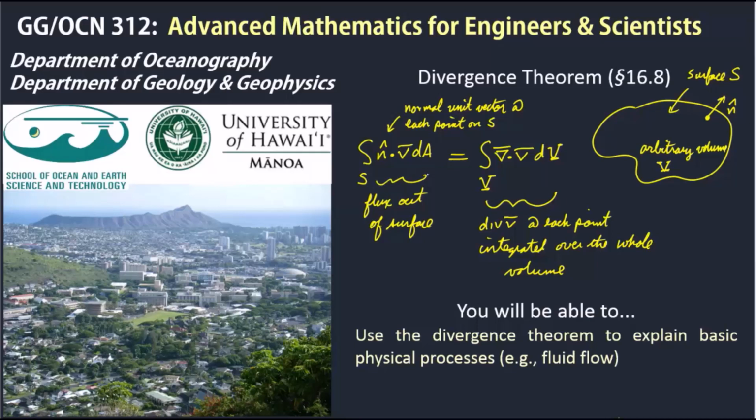So we've defined what the divergence theorem is, and we've gone through where it comes from, or a derivation of it. Now let's look at some applications. The first application will be on the continuity equation in fluid flow.